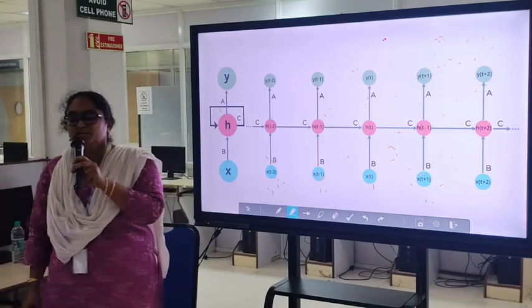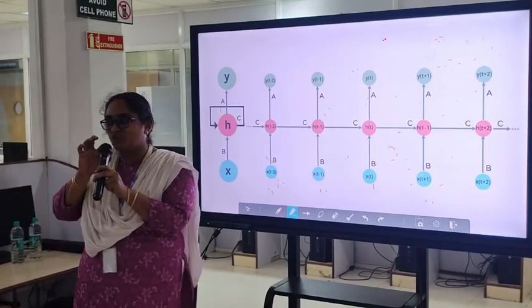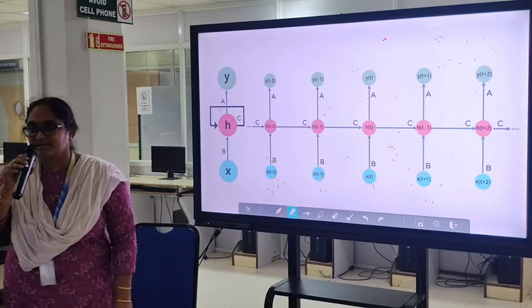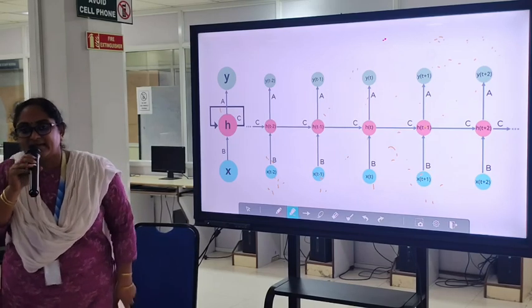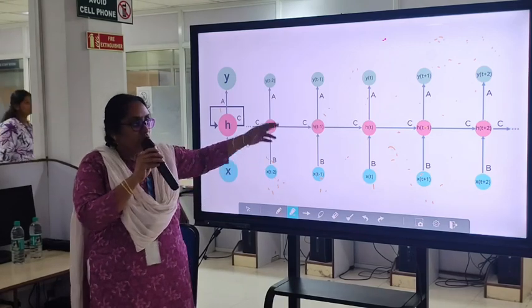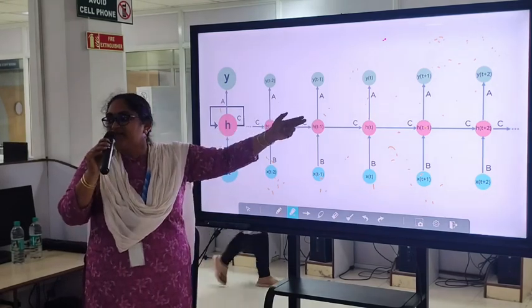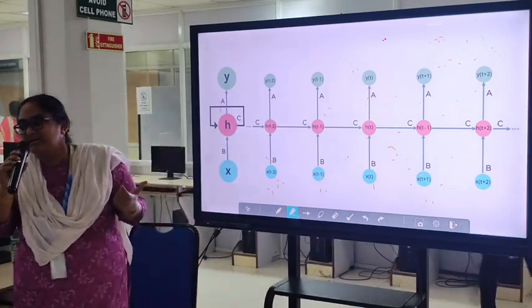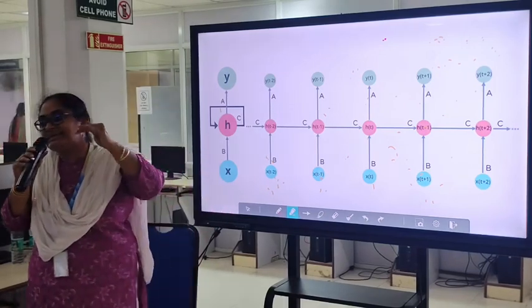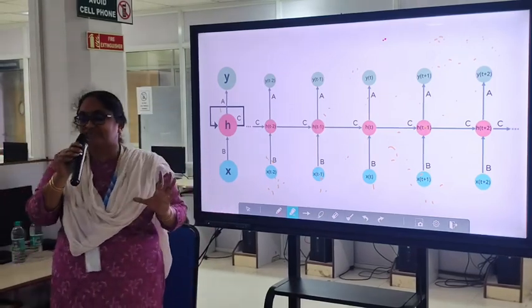No. You should remember one jargon. It's called vanishing gradient and exploding gradient. In a recurrent neural network, when you are keeping these feedback loops, the weights that are associated can lead to exploding gradient and diminishing gradient. Both of these can happen.